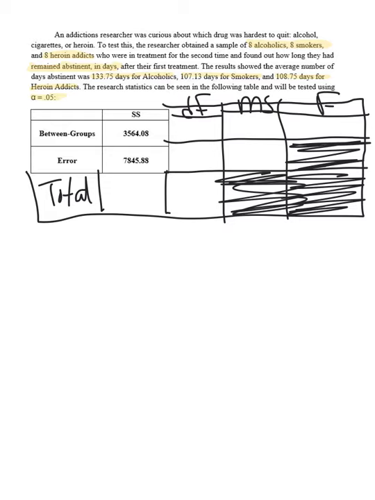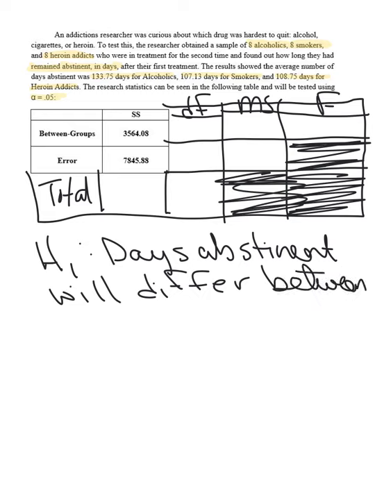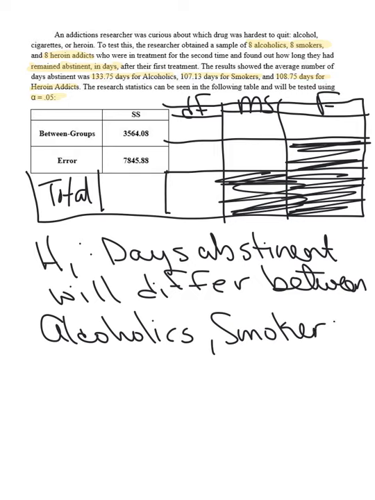So what we do is we write our alternative: days abstinent will differ between alcoholics, smokers, and heroin addicts.